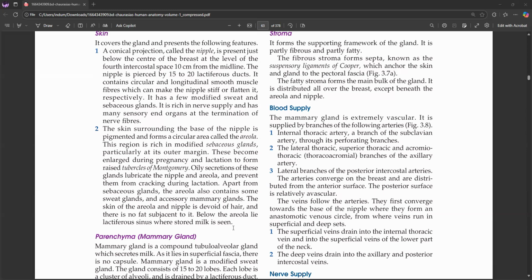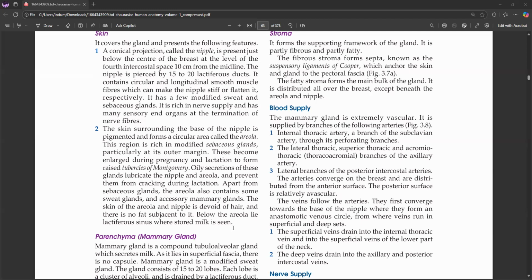Number 2. The skin surrounding the base of the nipple is pigmented and forms a circular area called the areola. This region is rich in modified sebaceous glands, particularly at its outer margin. These become enlarged during pregnancy and lactation to form raised tubercles of Montgomery.